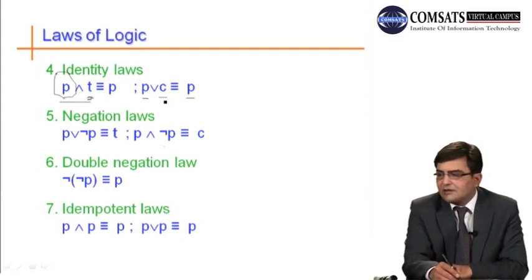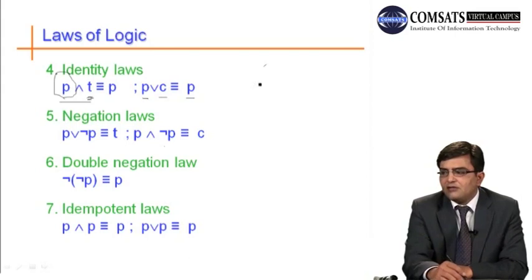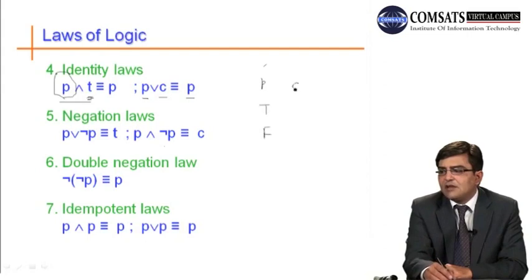For example, let's construct a truth table for this compound proposition. We have P, its truth values are true and false. Here we have C, we know that its truth values are always false.